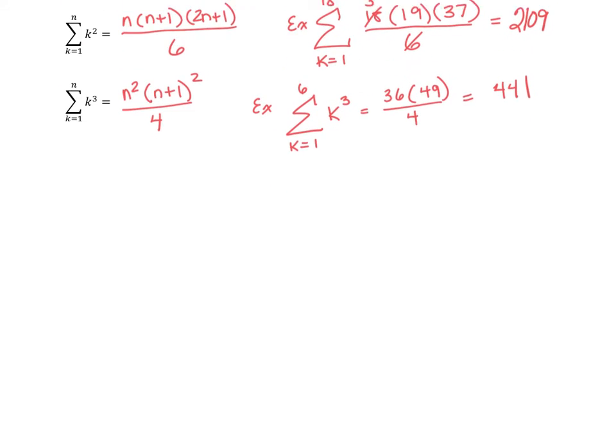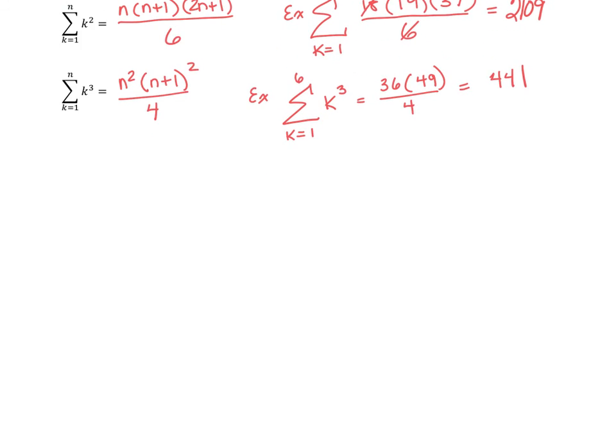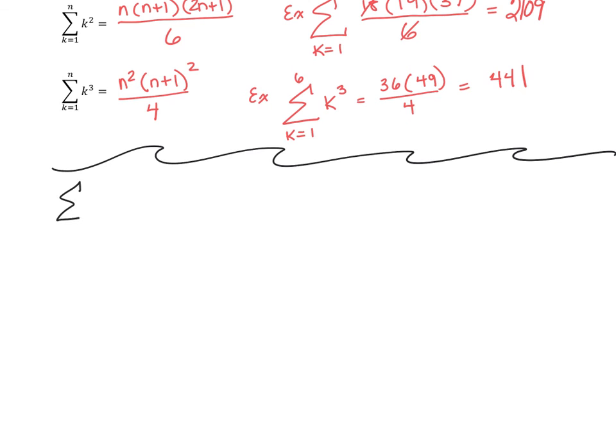So before I complete this slide, I wanted to, one, put these things all together, but I also wanted to show you what we do if we don't start at k equals 1. So let's start with the sum from k equals 1 to 6 of 3k squared plus 2k minus 1.